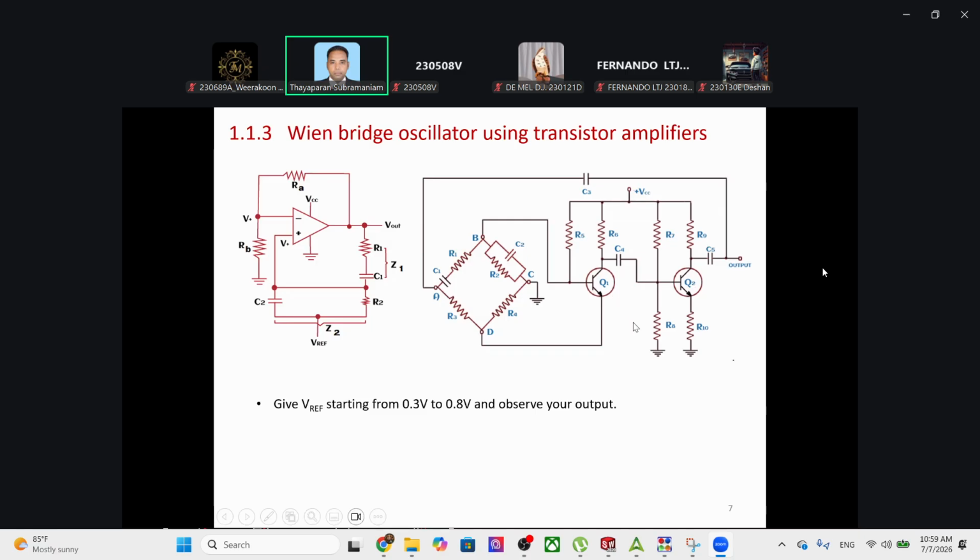It is just for your thought. Amplifier: there are two stages. One stage is not sufficient. We have discussed that. Why is it not sufficient? Because the gain becomes negative. So we have to make positive feedback.